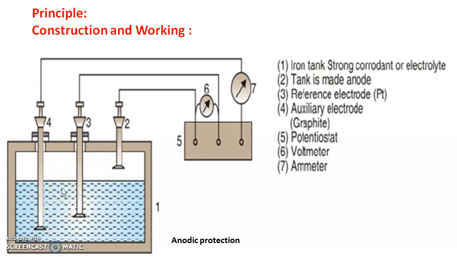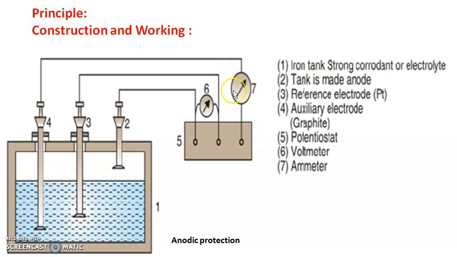Then there is a potentiostat for applying the desired voltage. This fifth one is the potentiostat, and its role is to apply the desired voltage. Then the ammeter: its role is to watch the corrosion current. A minimum or negligible current indicates that anodic protection is taking place successfully.